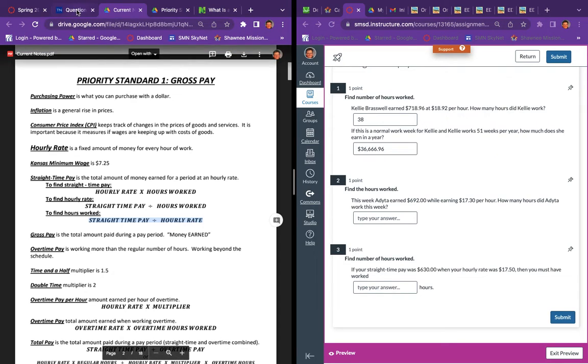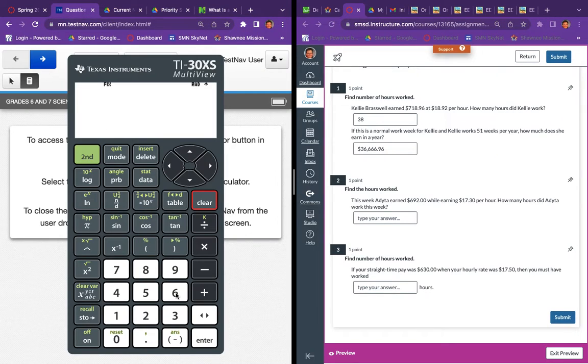So we're going to take the $692 and divide it by how much Adita makes per hour, $17.30. So this is how much they earned this week.